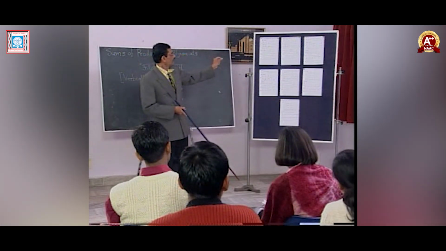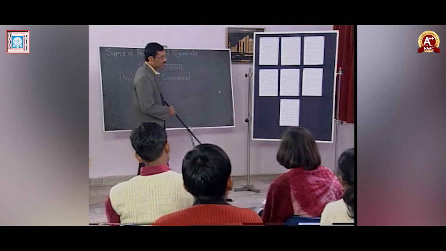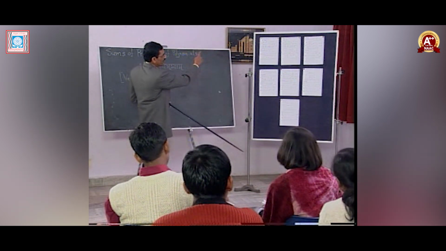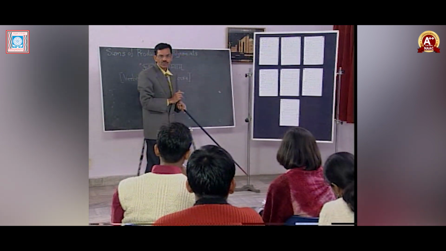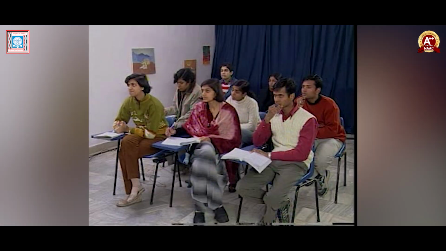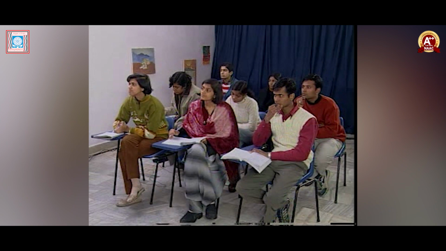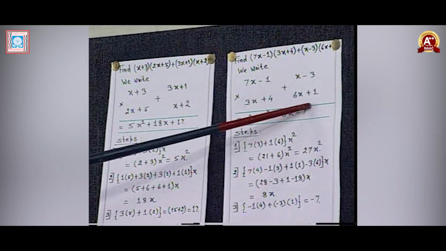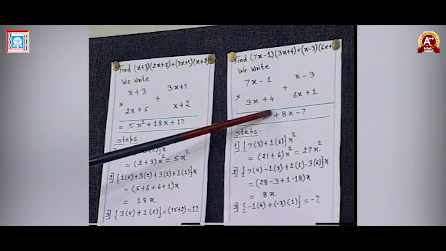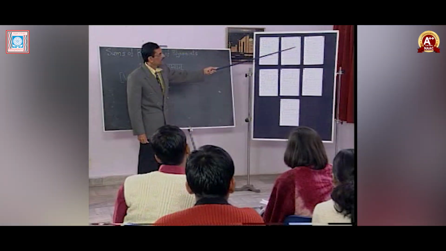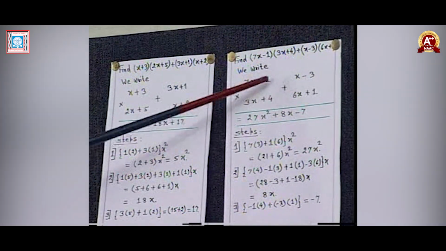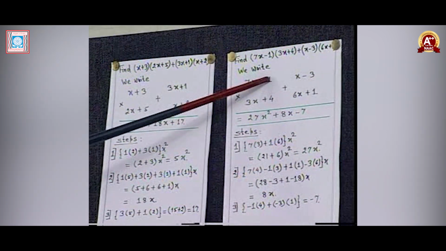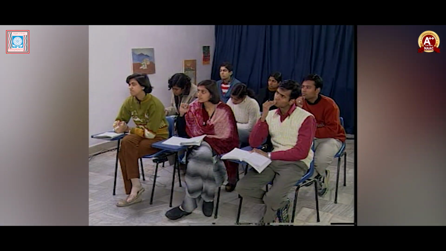Now please note one thing. From left to right, we have done the calculations. We can perform the calculations from right to left in a similar way, like this. Here, first minus 3 into 1, then plus minus 1 into 4. That will give minus 7. Then 1 into 1, minus 3 into 6, plus 4 into 7, plus minus 1 into 3.